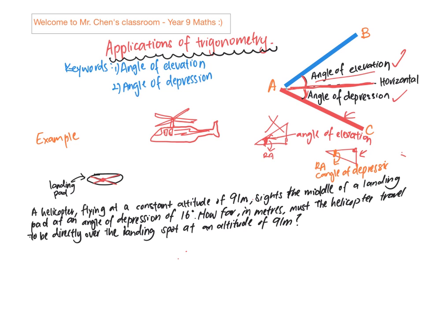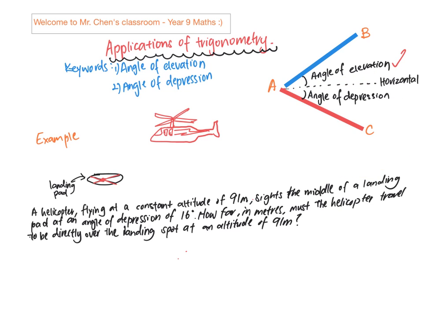Angle of elevation, right here, is an angle that is pointing upwards. What that means is this is the horizontal, the straight line here, and anything that goes up from there is called an angle of elevation.